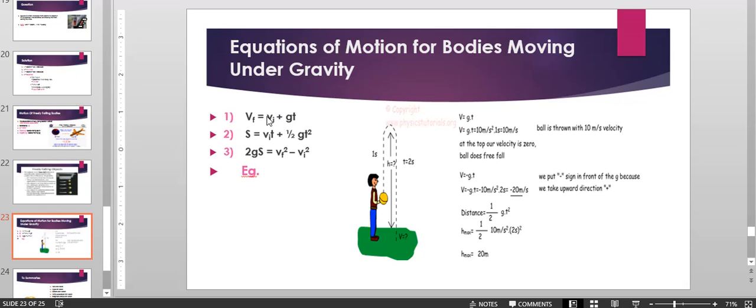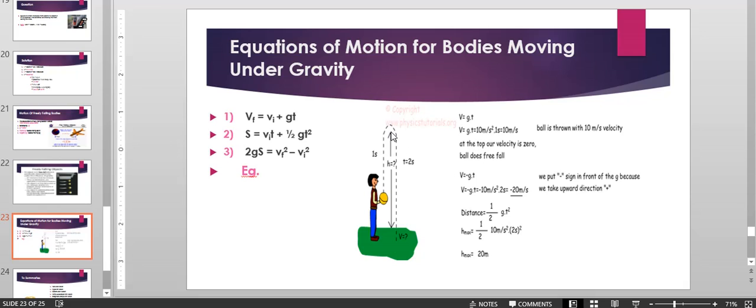As we have said earlier, the initial velocity of this ball is 0, so we only have the product of g and t. Placing the values, g is equal to 10 meter per second square and time is 1 second. So the ball is thrown with 10 meter per second velocity.